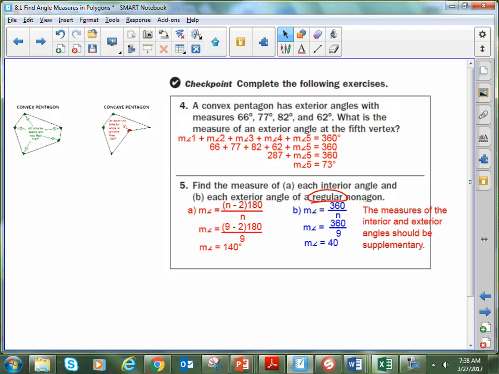So if you remember that, you can use 360 divided by n. I think it's a little bit less work than using n minus 2 times 180 divided by n. But it's a personal choice. As long as you get the right answer, it's fine.